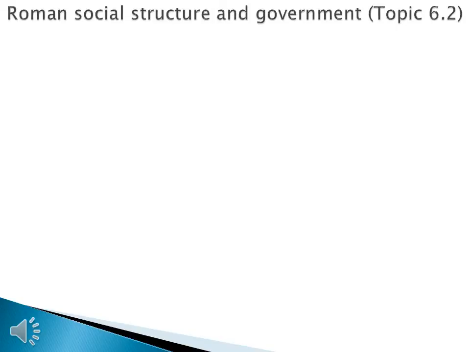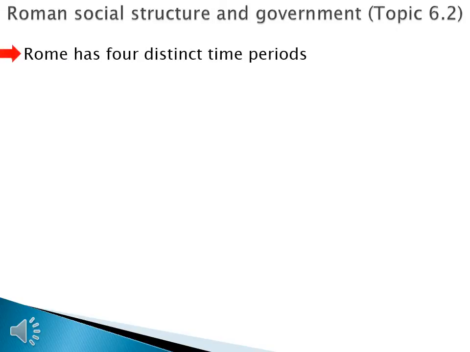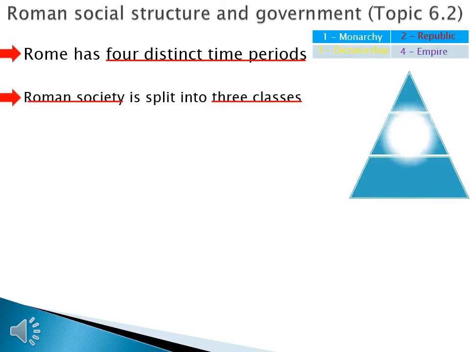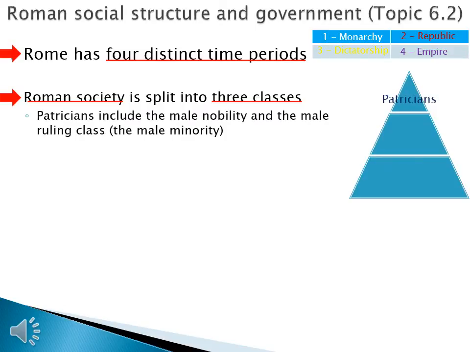Next, we learned about Roman social structure and government, topic 6.2, and we learned that Rome has four distinct time periods. They were a monarchy, a republic, a dictatorship, and an empire, and we studied how they went from being a republic through a dictatorship into an empire. To understand this, we start by understanding Roman society. Roman society is split into three classes: patricians, who include the male nobility and the male ruling class.